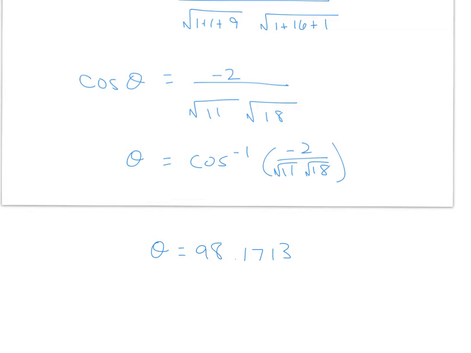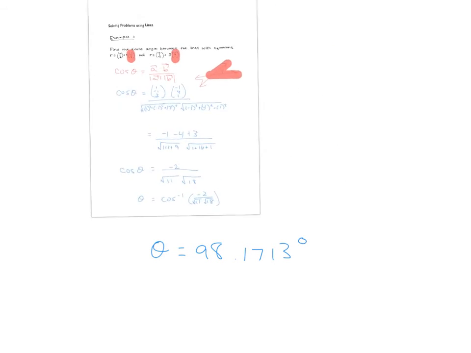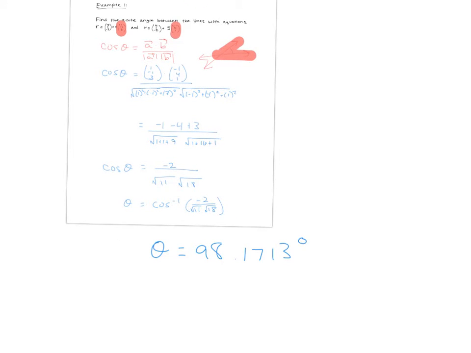98.1713 degrees. Now, thinking back to the original question, it said find the acute angle. So thinking about our two lines, 98 degrees we know is not acute, so that's got to be the bigger of the two angles right here.